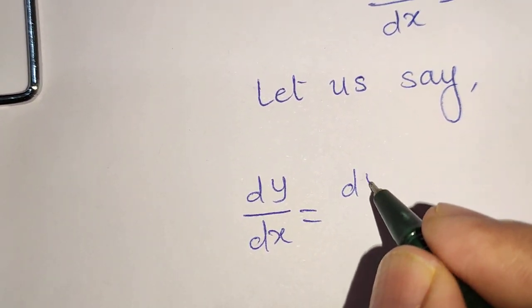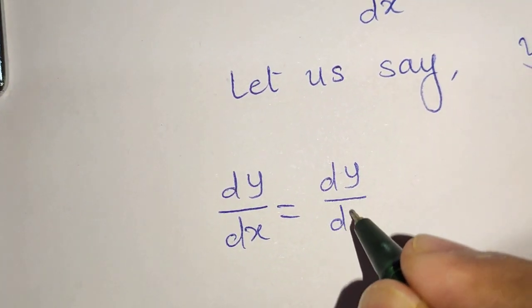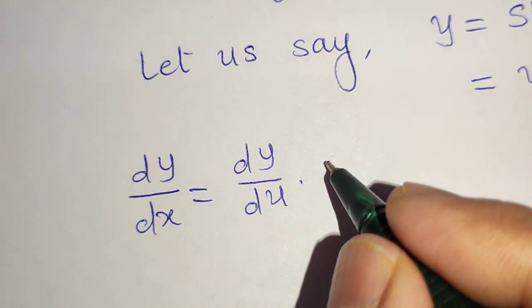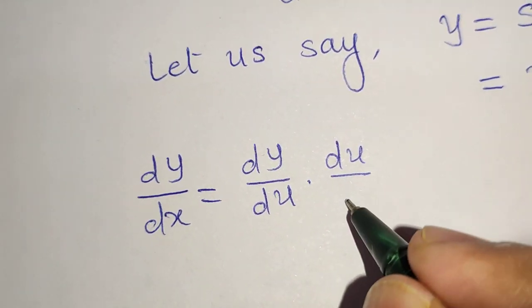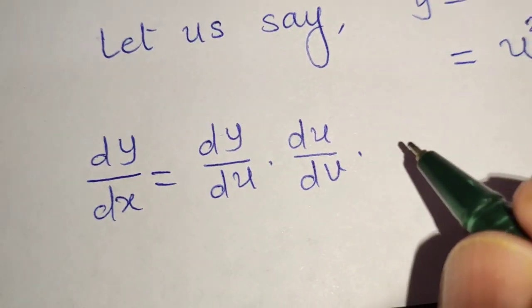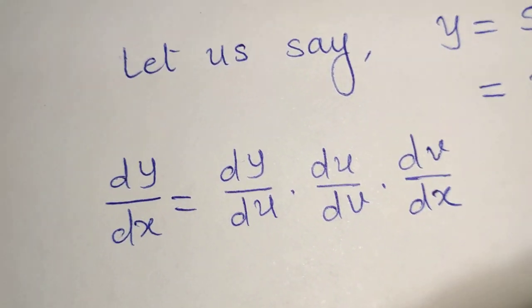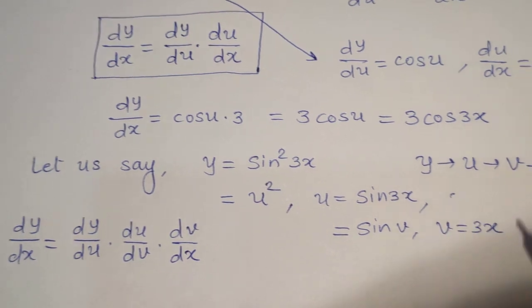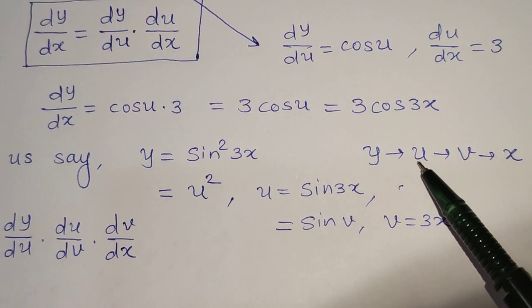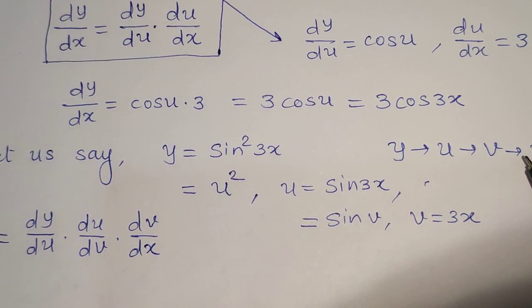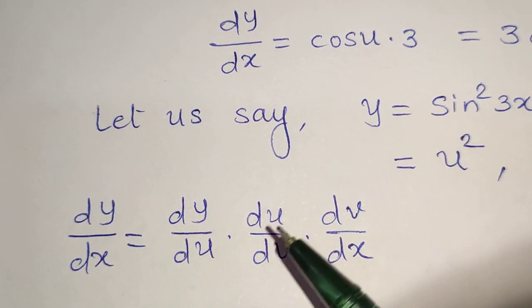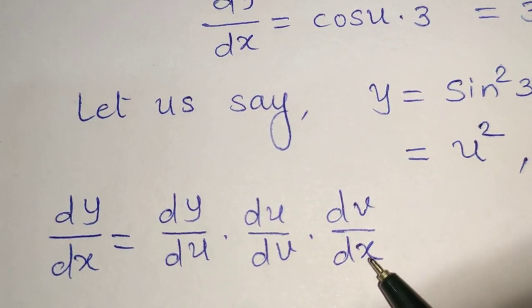Y is a function of u, so dy by du. U is a function of v, so du by dv. V is a function of x, so dv by dx. Okay, clear? Y function of u function of v function of x. So dy by du, du by dv, dv by dx.